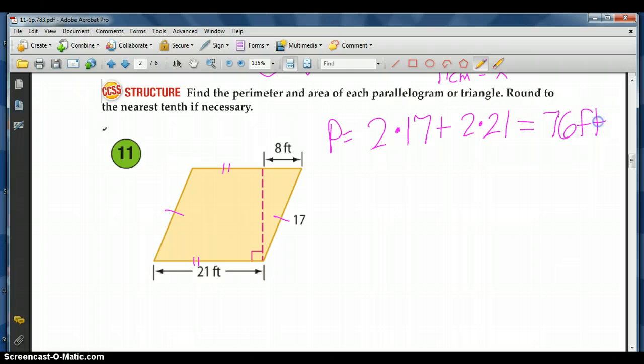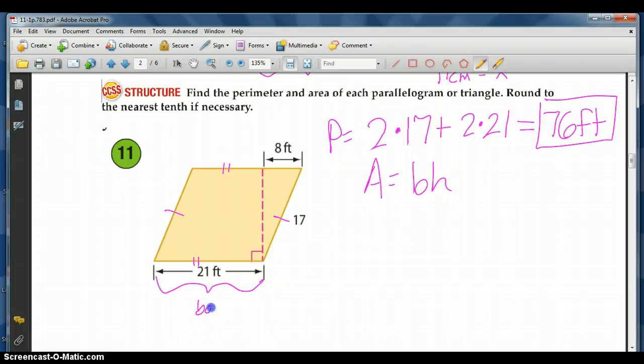So our perimeter is 76 feet. We also want to find the area, which is the base times the height. So our base would just be this side right here. Our height needs to be perpendicular to the base to the opposite side. So that would be this length.